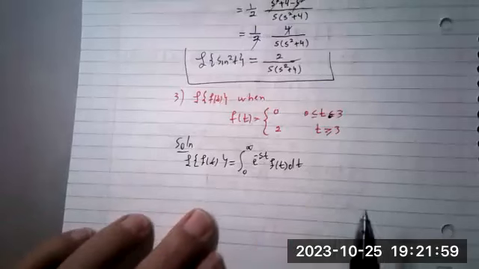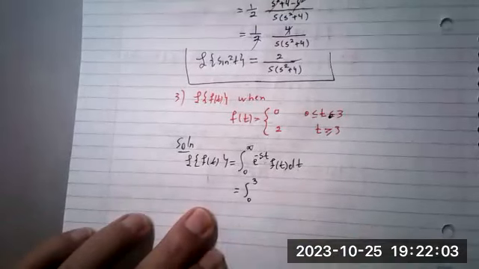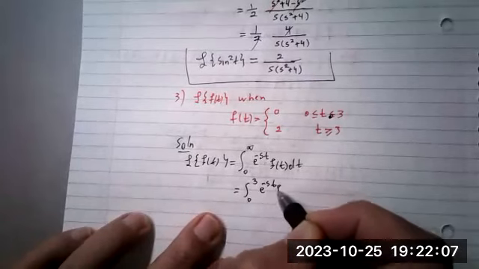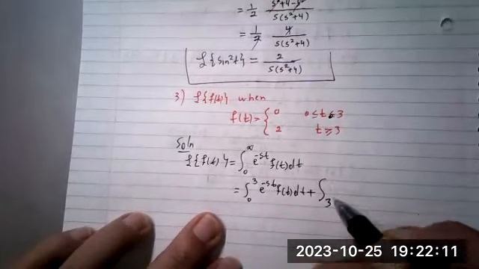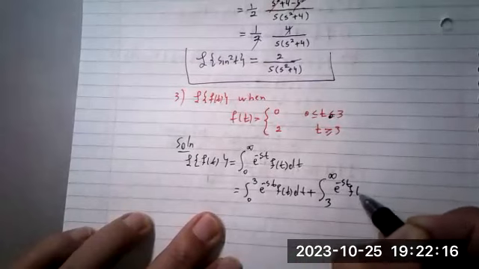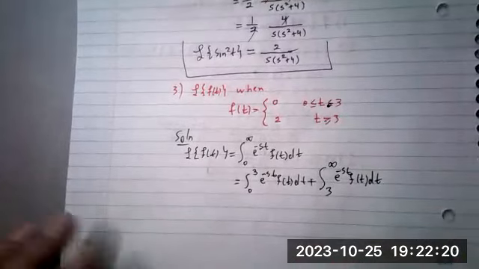So we break it into 0 to 3, e to the negative st f(t) dt, plus 3 to infinity, e to the negative st f(t) dt. Okay, so we are ready for it.